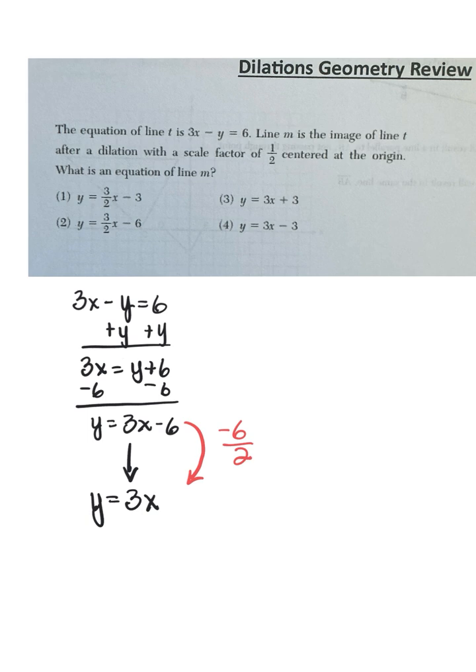The reason you're cutting it in half is because the scale factor is a half. If the scale factor was like a 3, we would be multiplying this by 3, okay? But because we are cutting something in half, we cut that in half. And then you can see that's just going to give you -3. And then there's your answer, choice 4. Okay, just make sure that you're taking notes.